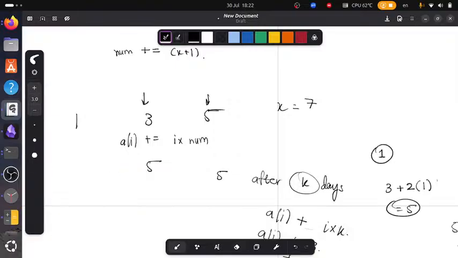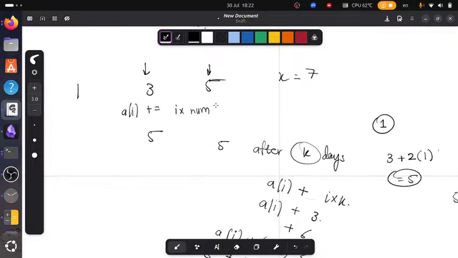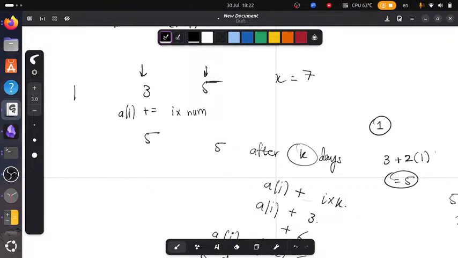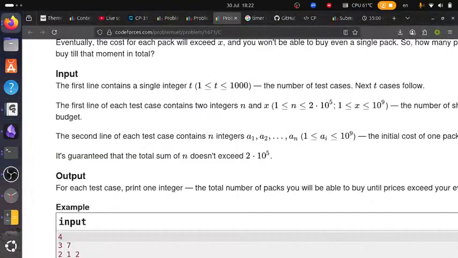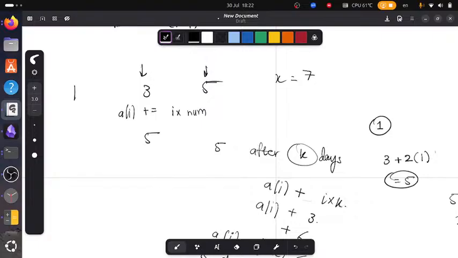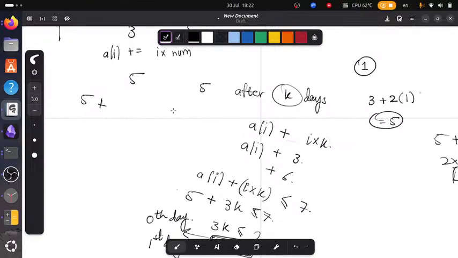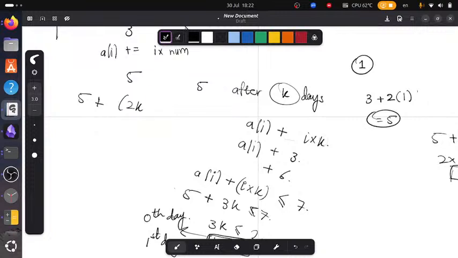So now our question is, after how many days does this become invalid? Sorry, for how many days does this remain valid? And the answer is, this remains valid for 5 plus 2k is more than or equal to 7, and this remains valid up till 1 day, right?